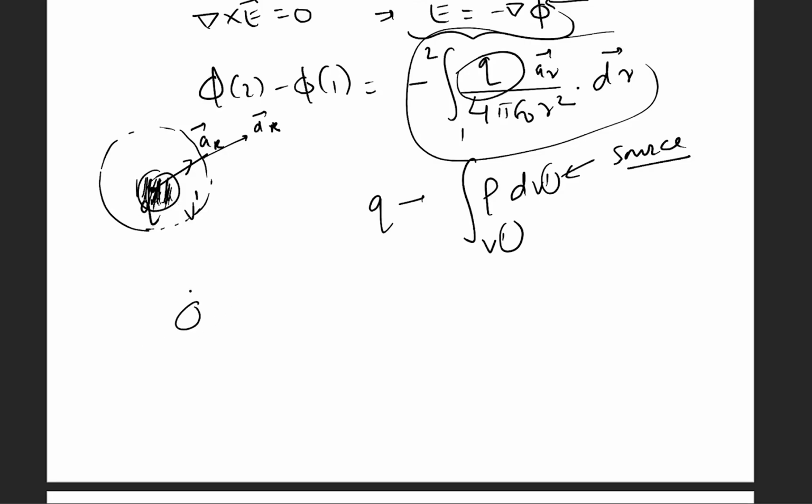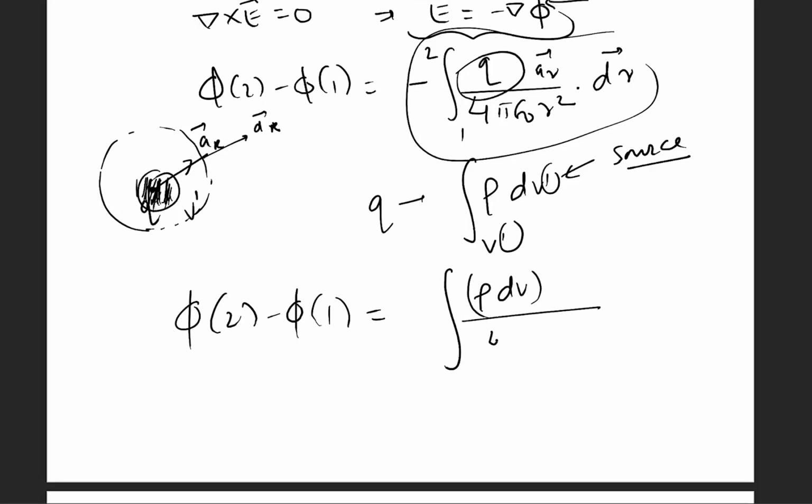So potential at 2 minus potential at 1 is simply given by minus the integral of rho dV over 4 pi epsilon naught r square, AR dot dr, and this integration is over V dash, and this is from point 1 to 2.